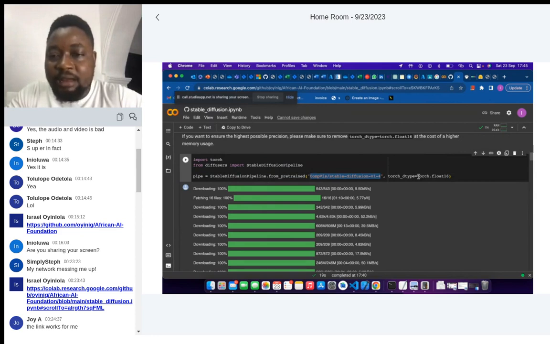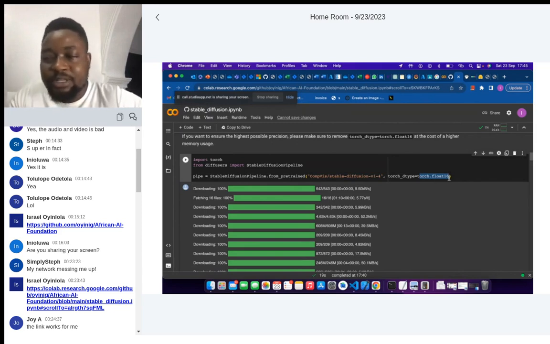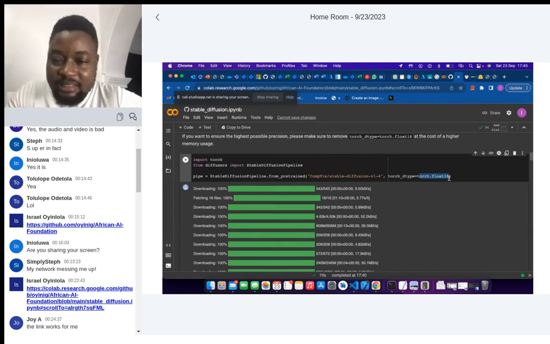And then this particular parameter tells the model how much accuracy to use. Remember, a model is just a bunch of numbers across the layers of the neural network. A 32-bit floating point number will take 4 bytes, so it will be heavier to process an inference. It will take longer.